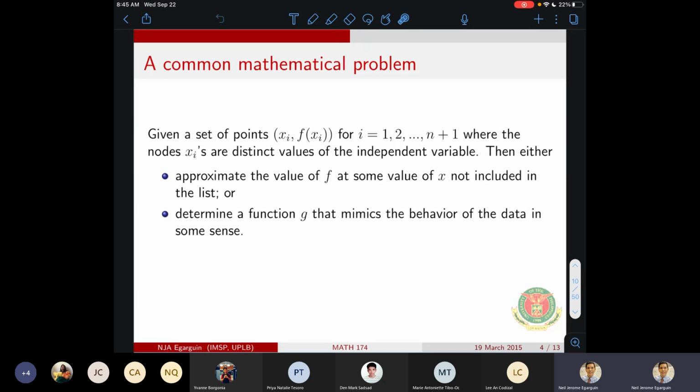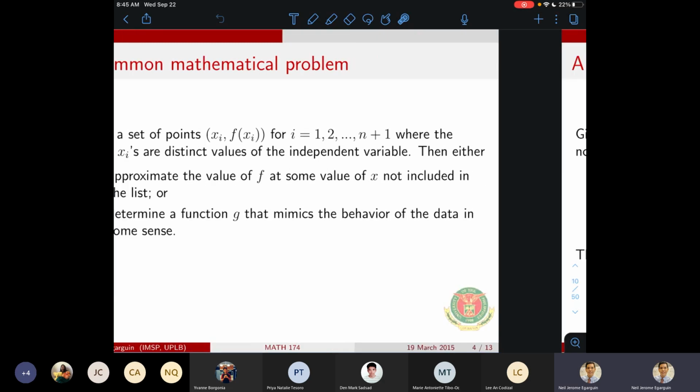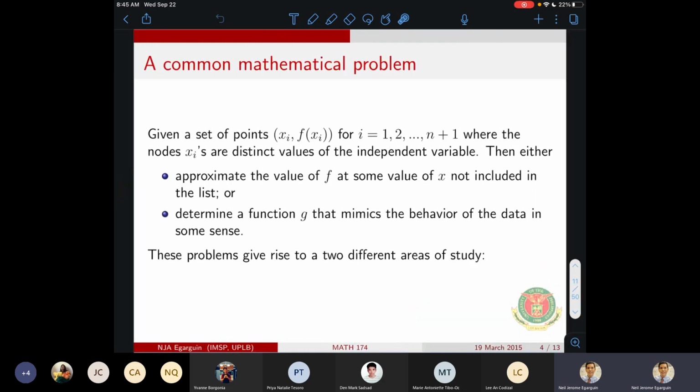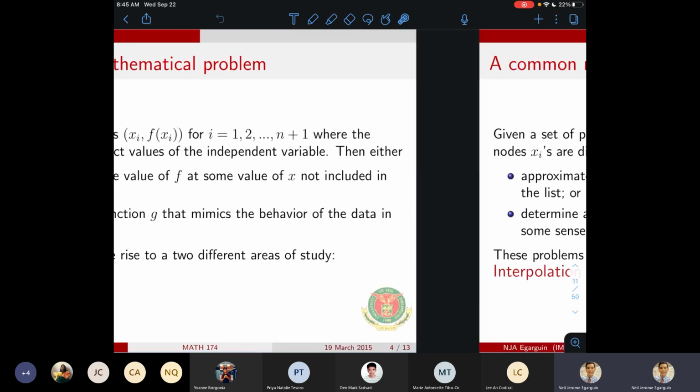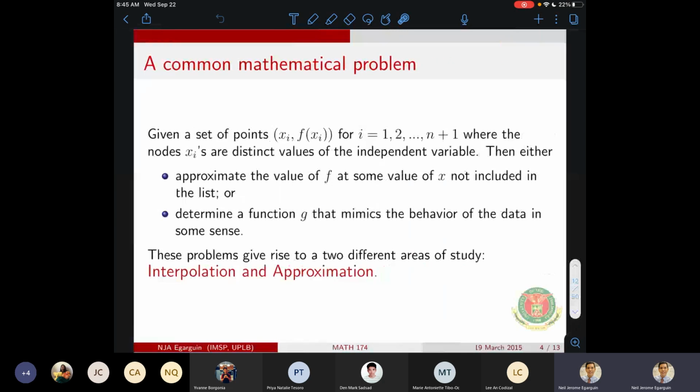We can apply the tools and techniques we learned in our calculus courses to get relevant information out of our data set. So these two problems give rise to two different areas of study in numerical analysis, namely interpolation and approximation. On the next two slides, we'll try to differentiate interpolation and approximation from each other.